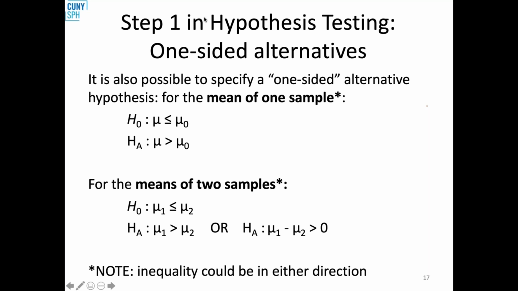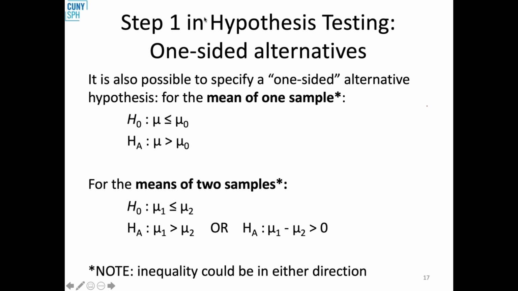Okay, we can also have a one-sided hypothesis. Looking at the alternative hypothesis, it says that the mean of group A is greater than the mean of group B. That's one-sided because we don't care if it's different or lower, but we're interested in proving that it's higher only.